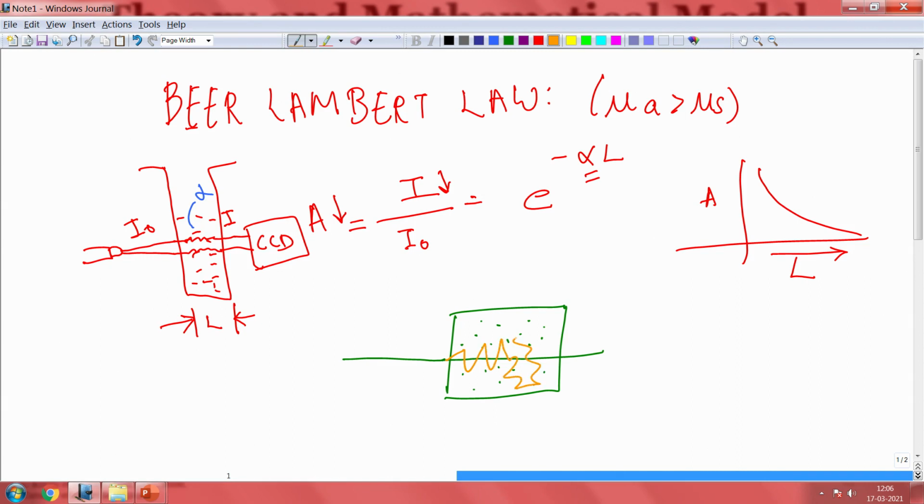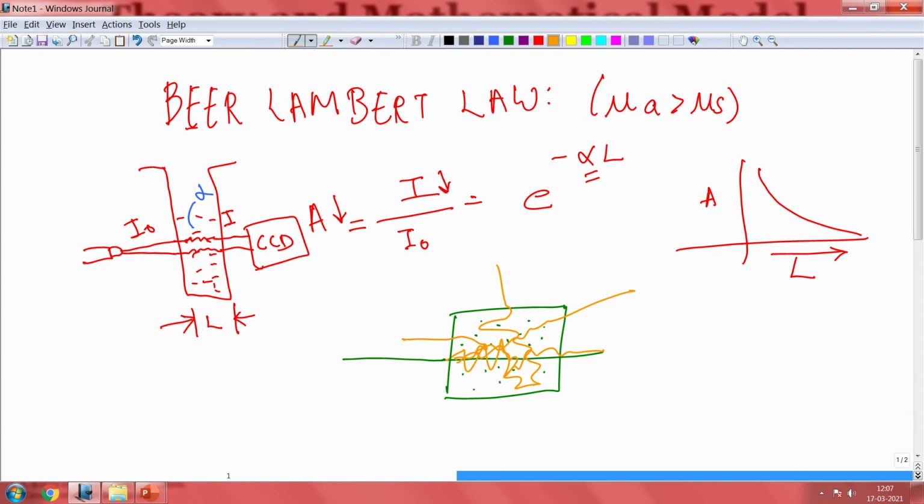Some of it can go outside, some can go forward, some can go backwards, and some can go at a particular angle. So, the absorption is not going to be dominant, but the scattering is going to be more dominant. So, the Beer-Lambert law might not be the best way to quantify the optical properties of the tissue.